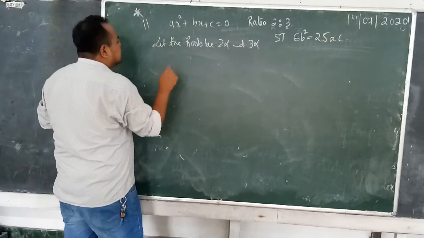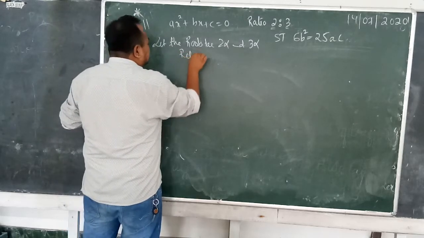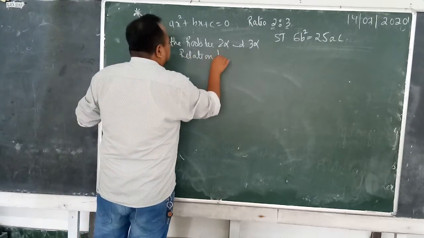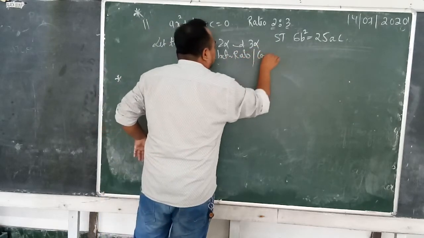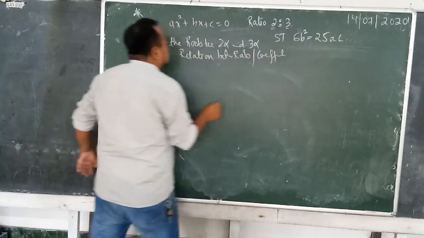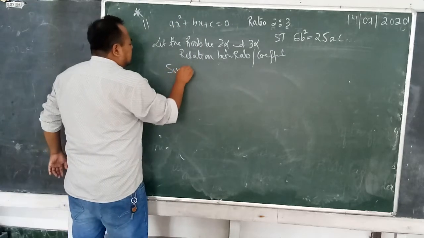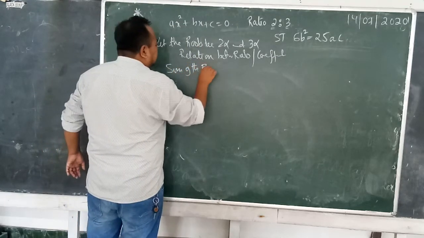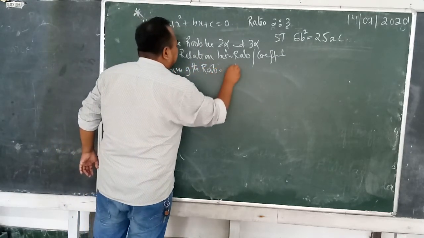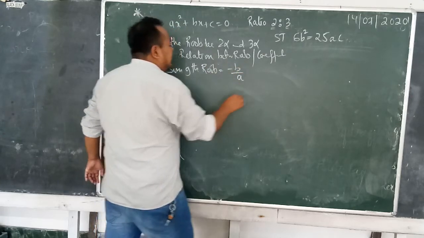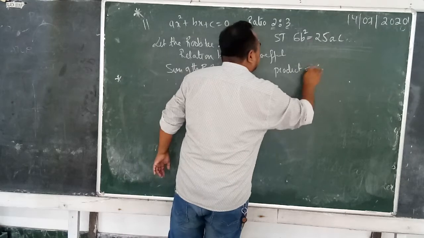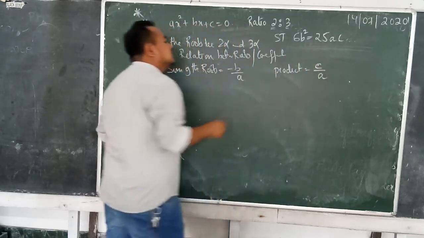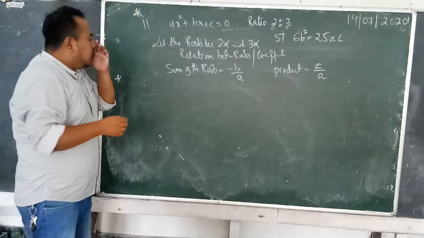Now please tell me what is the relation between roots and coefficients? Sum of the roots is equal to minus b by a, and the other one, product of the roots is equal to c by a. Isn't this the relation which I have taught you? Now look at this.